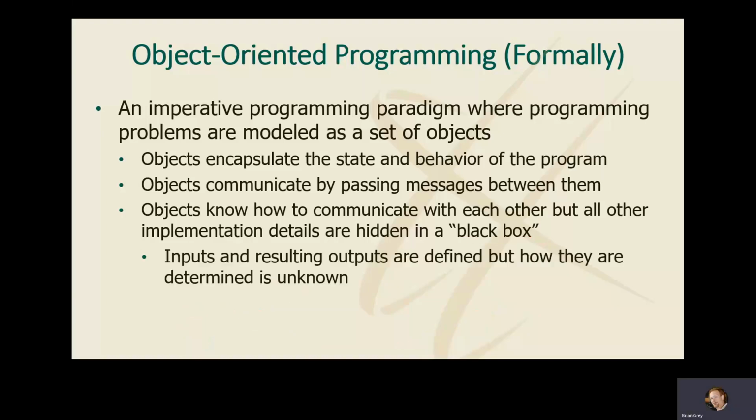So we can see inputs and resulting outputs are defined, but how they are determined is unknown, and it should be unknowable. Okay, the key concept behind all this is if you are designing code in one object based on the internal workings of another object that is not publicly expressed, then you are breaking object-oriented design principles, and you're probably making your life way harder.